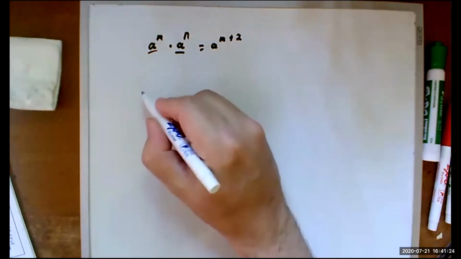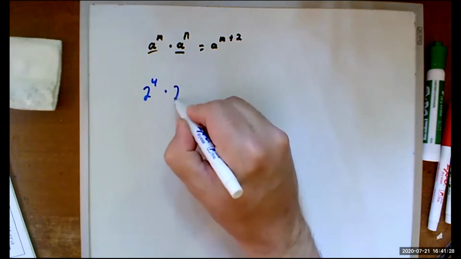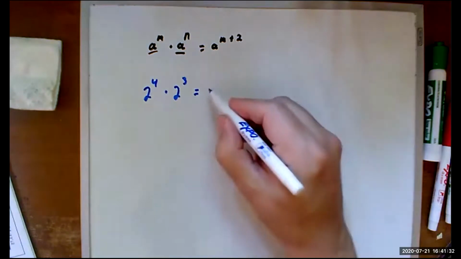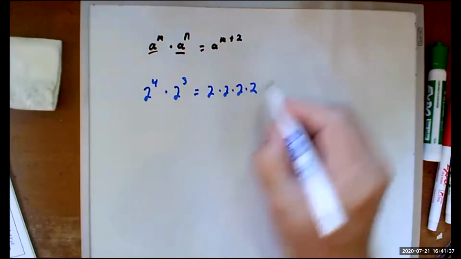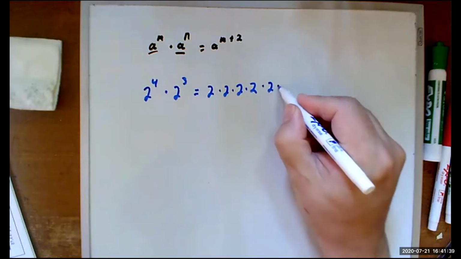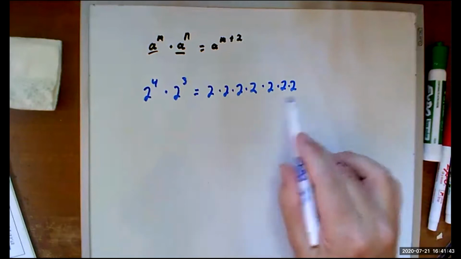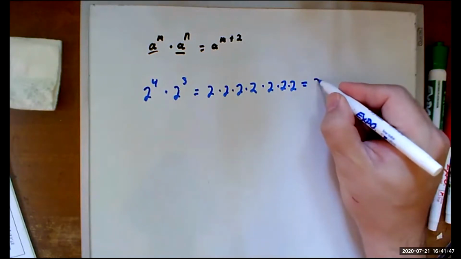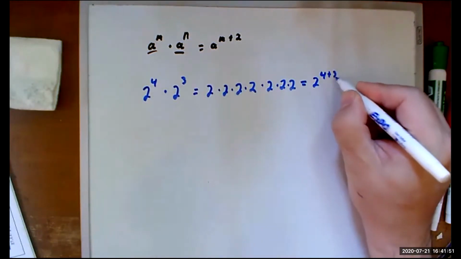If I have 2 to the power of 4, and I'm multiplying that by 2 to the power of 3, that's the same as saying 2 times 2 times 2 times 2, there's my first 4, times 2 times 2 times 2, there's my next 3. If I count those up, that's a total of 7, which is the same as saying 4 plus 3.